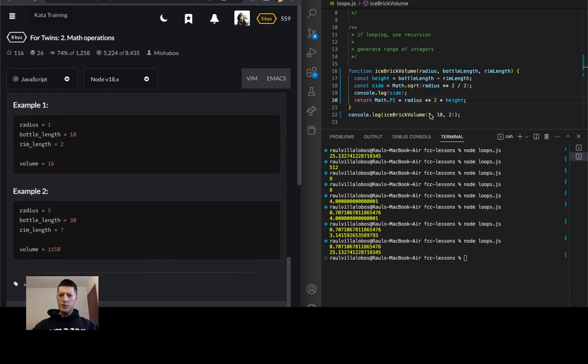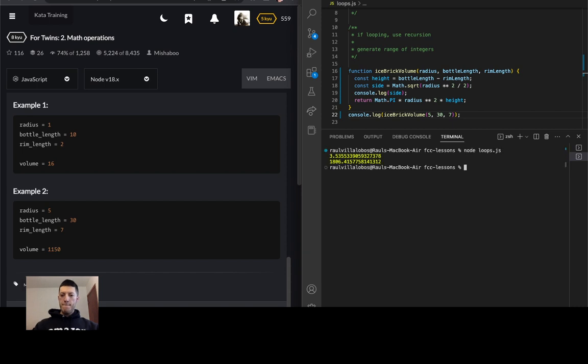Let's try something else, because that was kind of weird. Let's try 30, and then let's try 7. Okay, that one's kind of close, just like the 25, but still not what we need.